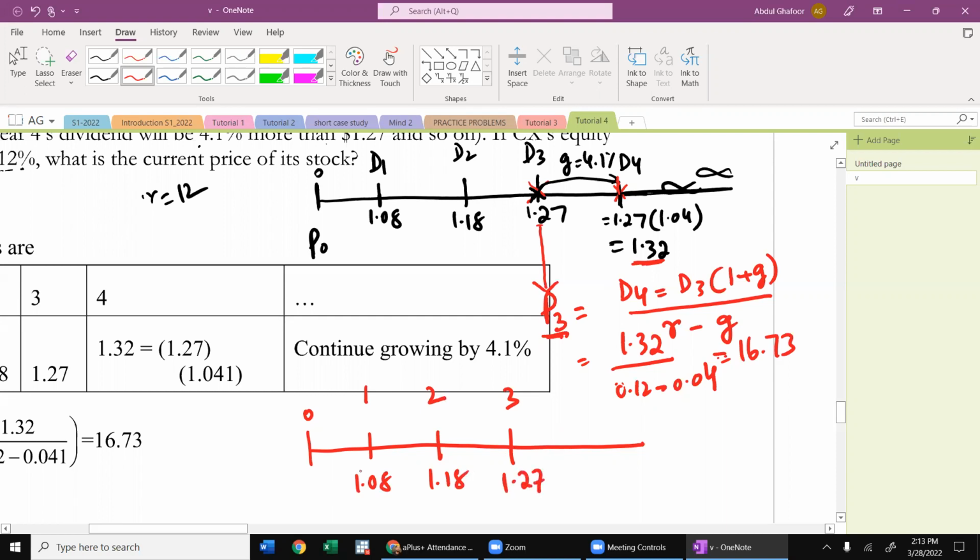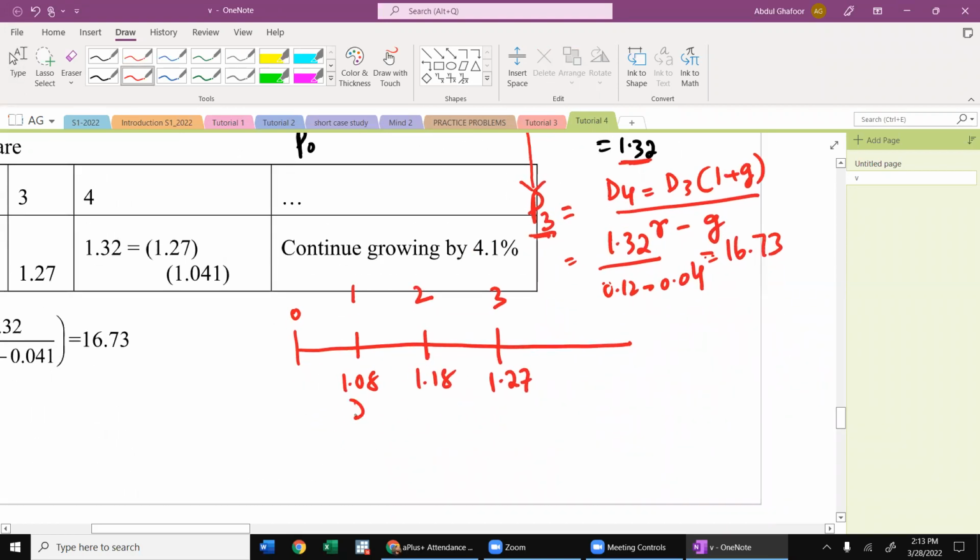So these are D1, D2, D3, and we also have D4 here, which is 1.32. It is for forever. Since the growth started from year 3, you have used this formula, and your answer at year 3, P3, is equal to 16.73.